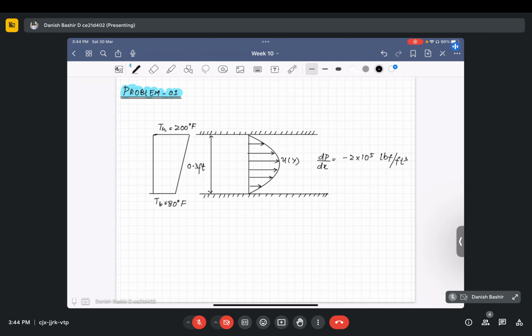So how we will tackle this problem is that we will divide this problem into a number of elements so that we can accommodate the variation in the temperature, so that the variation in the viscosity is also accommodated.